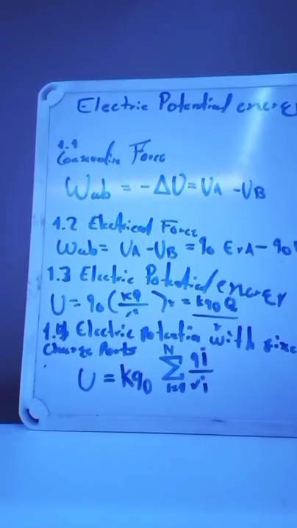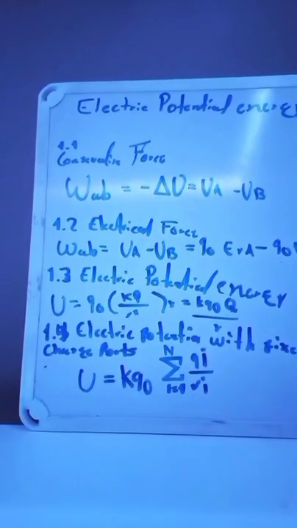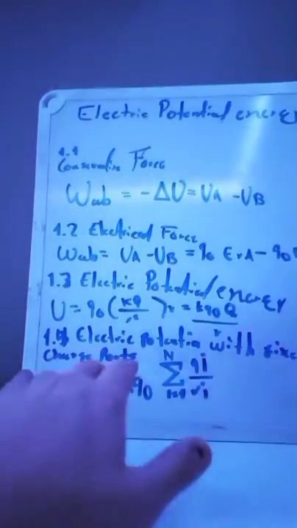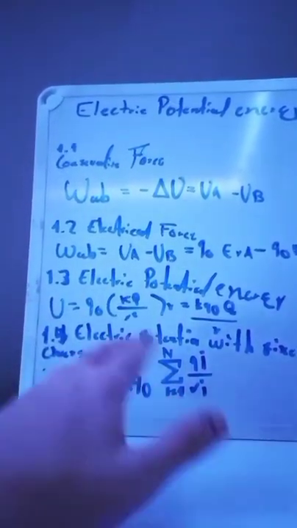The charges are at rest in their initial and final position, and this can be represented with this summary of the equation. The original one is quite long, so we can use this to summarize it.